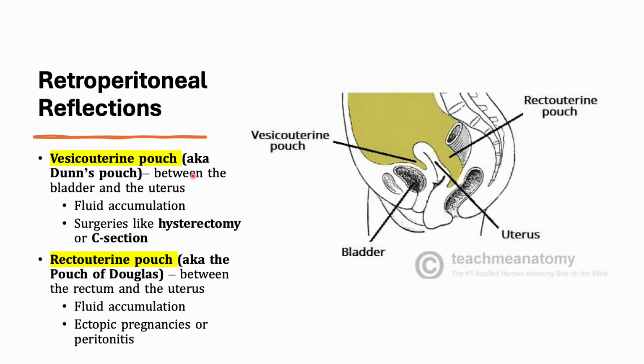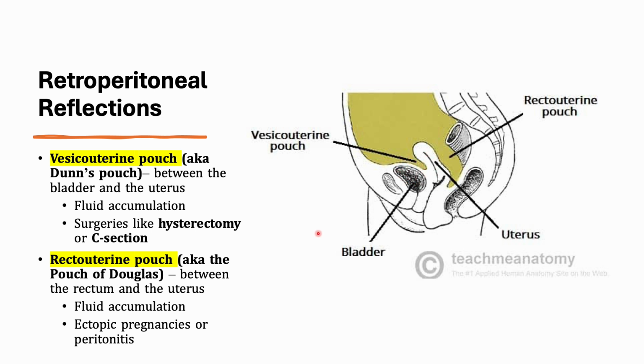And then I just wanted to include a slide about retroperitoneal reflections. This is a pretty good image of two of the famous pouches. One of them is the vesicouterine pouch, also known as Dunn's pouch, located between the bladder and the uterus. So this is just a cartoon bladder, uterus, pouch in between.